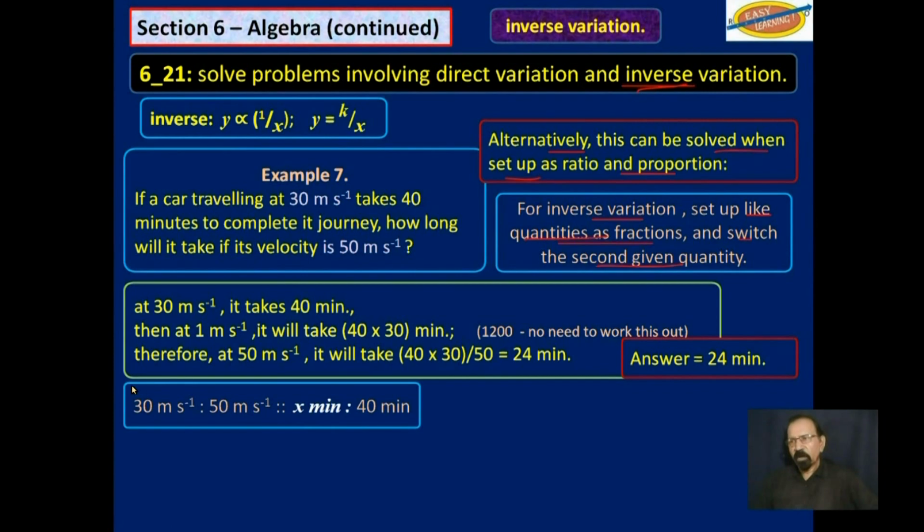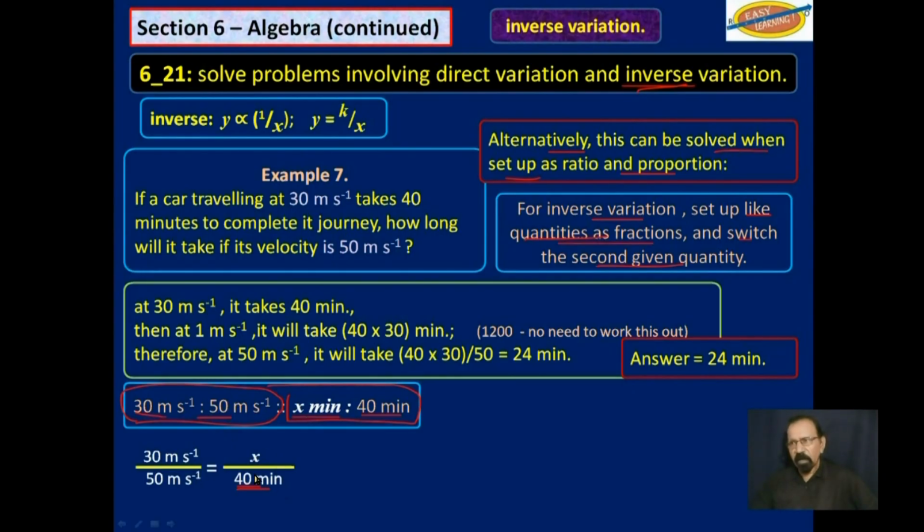So 30 meters per second is to 50 meters per second as x minutes, that's what you want to find, is to 40 minutes. You can see that better when we look at it as fractions. 30 meters per second over 50 meters per second. That's this one side of the proportion. And then this other side here is x minutes over 40.